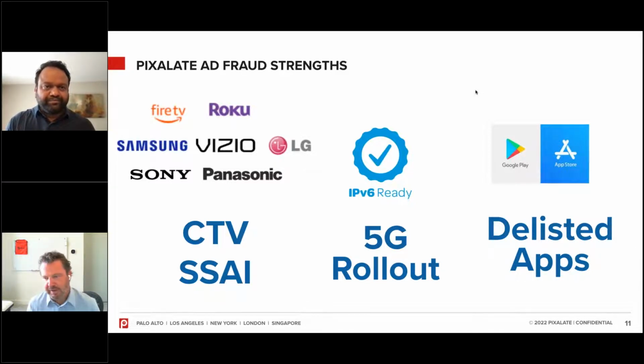Yeah, the most important thing to think about in the delisted apps is that about 20% get delisted in any given quarter from both the Google Play Store and the Apple App Store. Roku just recently announced that they were starting to delist some apps, and they had an article a week or so ago about that.